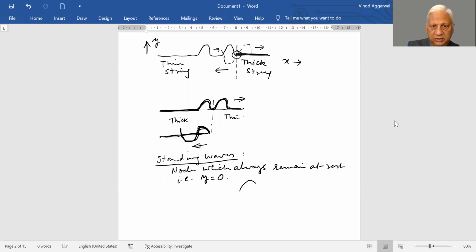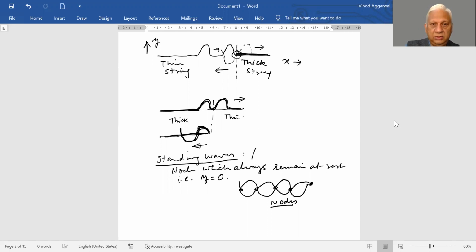For example, the standing waves could be like this. Now these particular points which don't move at all at any time are called nodes, and the wave looks as if it is standing.